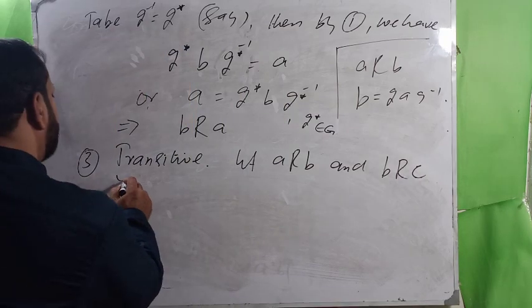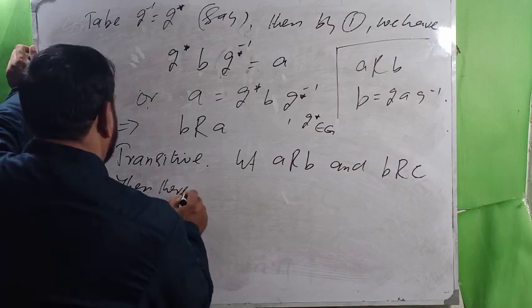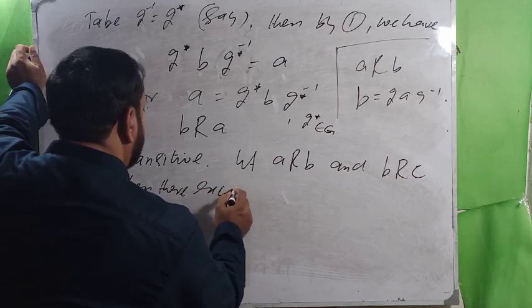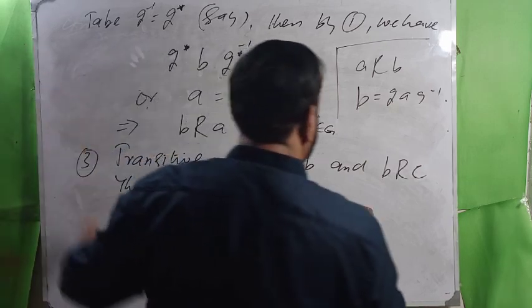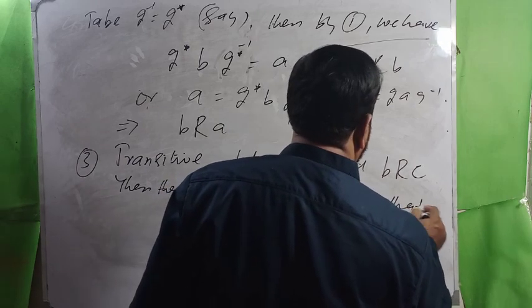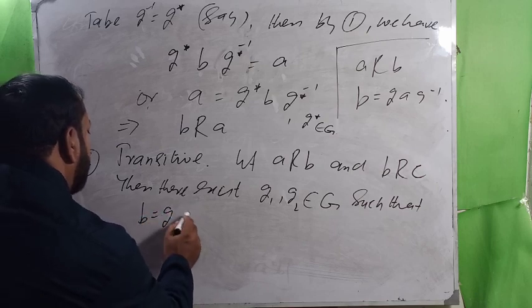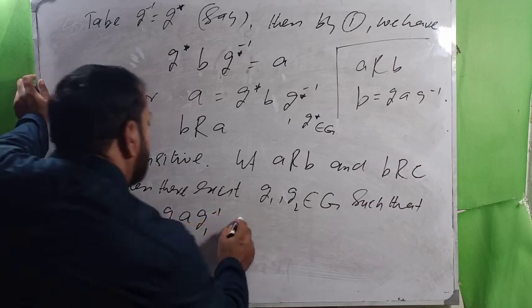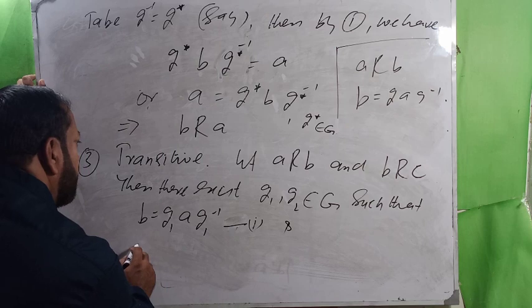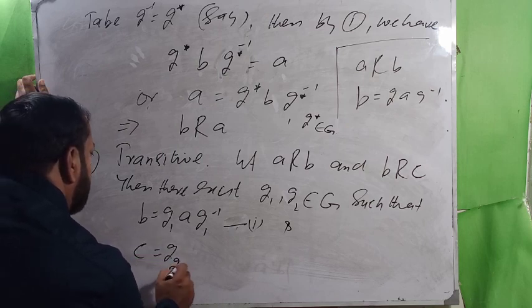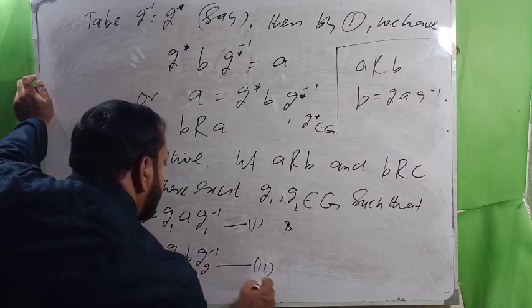Then there exist G1 and G2 belonging to G, such that B is equal to G1 A G1 inverse, say this is 1, and C is equal to G2 B G2 inverse, say number 2.